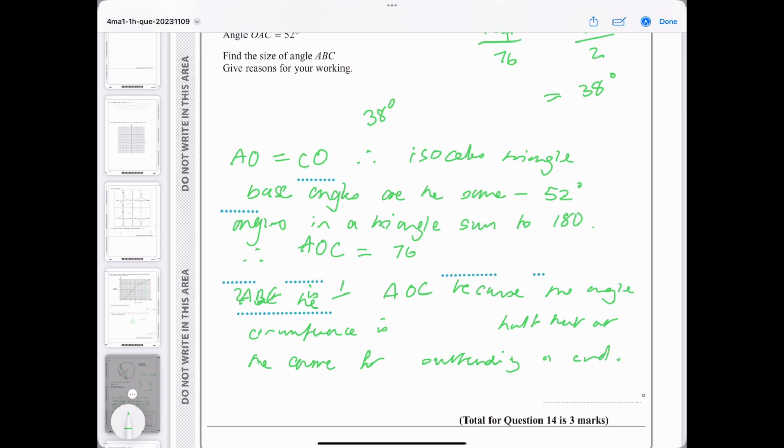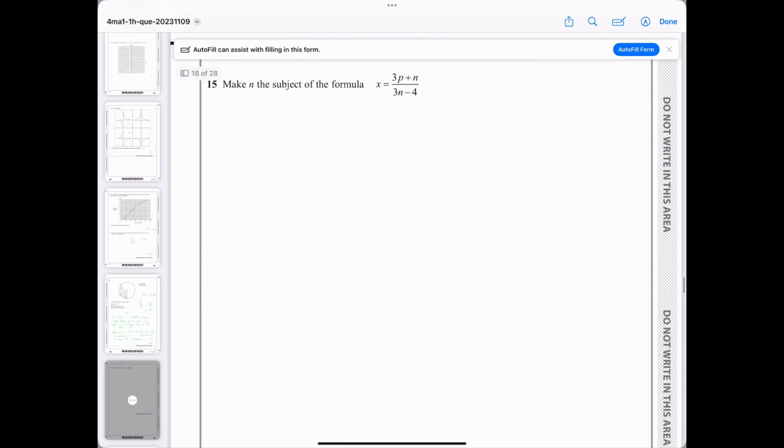I think I'd get that, I'm not entirely sure. The actual maths was quite easy.